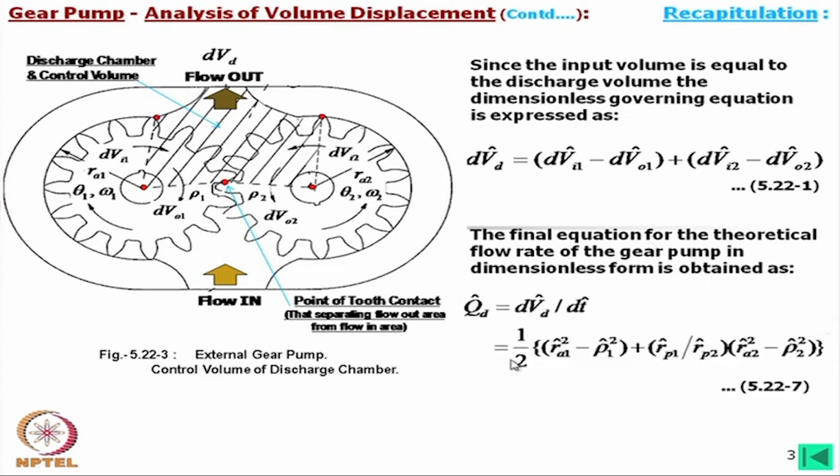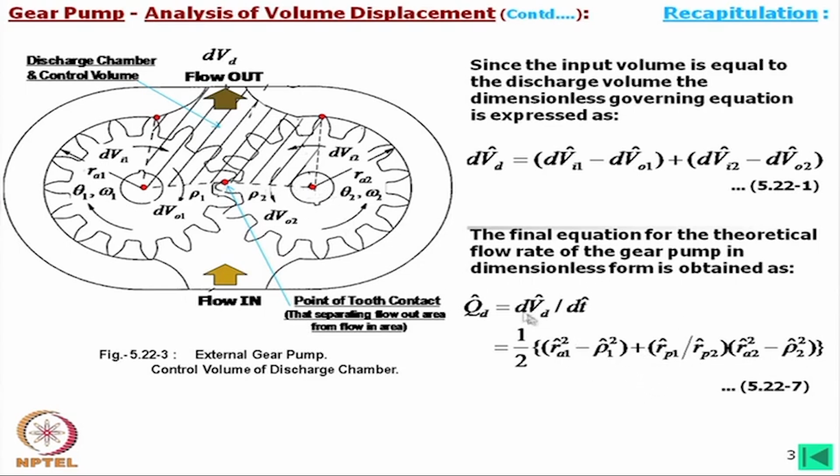Say q d is equal to half into R A 1, which is the addendum or tip circle radius of the drive gear. Rho 1 is the instantaneous radius at the contact point. R P 1 by R P 2 is the ratio of the pitch circle radii of these 2 gears, which is normally 1, and rho 2 is the contact distance here.